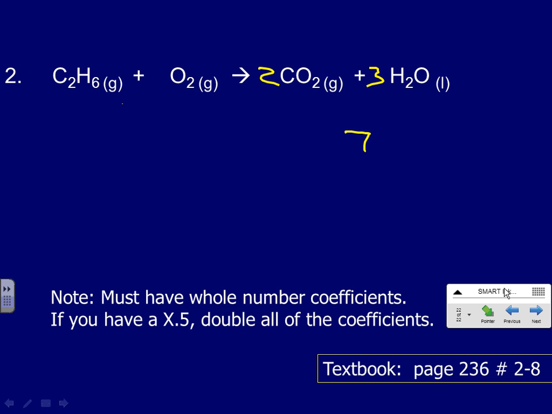What do you got? 3.5. Yeah, write that down. But it is against the rules, so now you got to fix it.